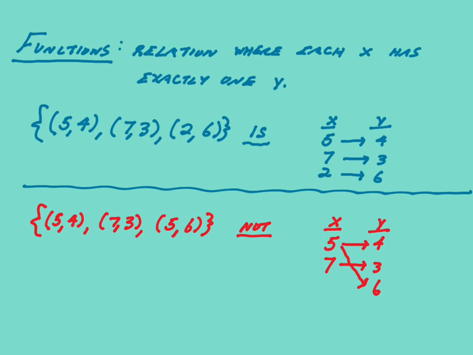And you'll see that when we begin to look at some graphs. Let's take a look at one more scenario. Let's say we have 1, 7. Let's say we have 2, 5. And let's say we have 3, 7. This is a function.